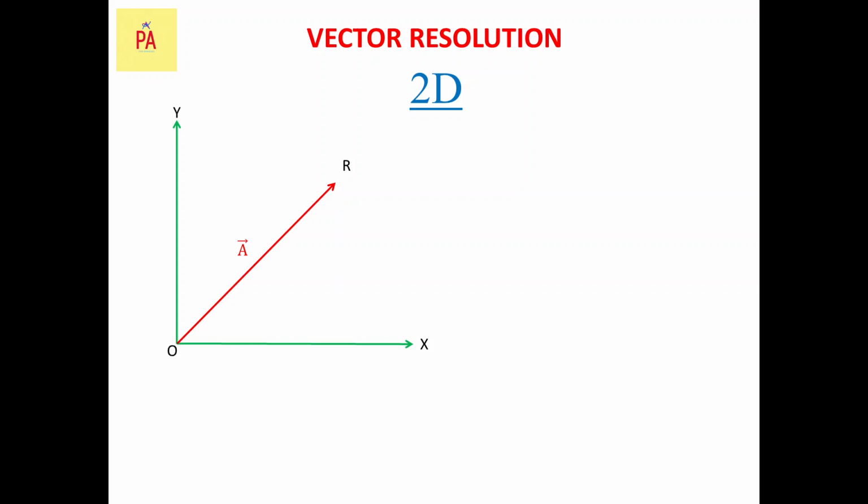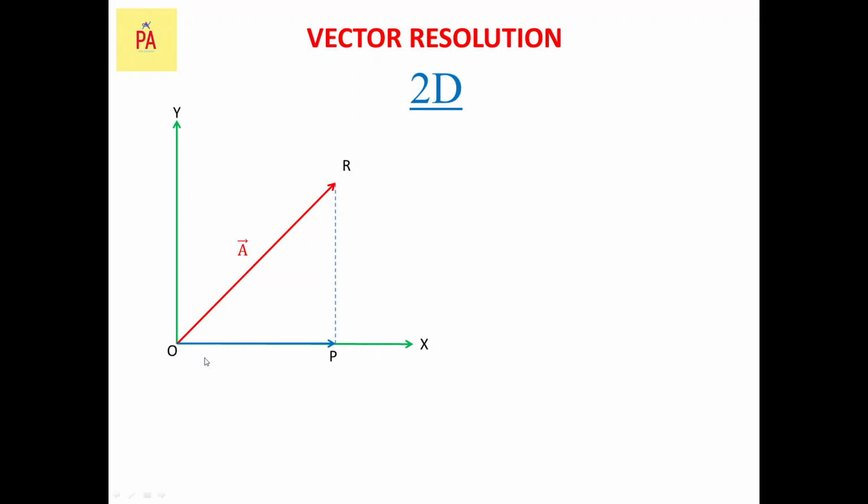Now from position R we will drop a perpendicular to the x axis where it intersects. As soon as it intersects, there is another vector drawn from O to the position where the intersection lies on the x-axis, and we name it as P. So OP represents another vector, and this OP is nothing but the component of vector A along the x-axis, the horizontal component.